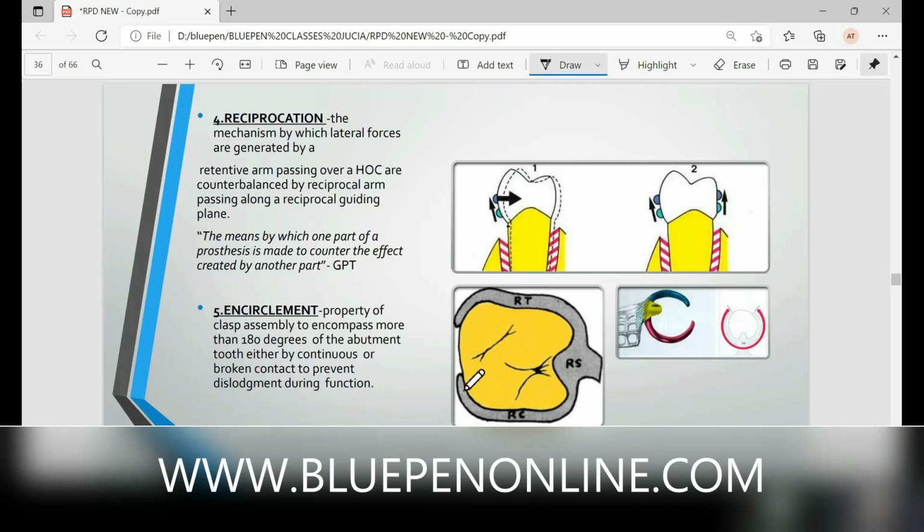More stability, right? It will not move, because the surface area of the clasp touching the tooth is much more, so you will have more retention. That's encirclement. This encirclement is provided by your retentive terminal, your rest, and your reciprocal arm, all of which help in this.